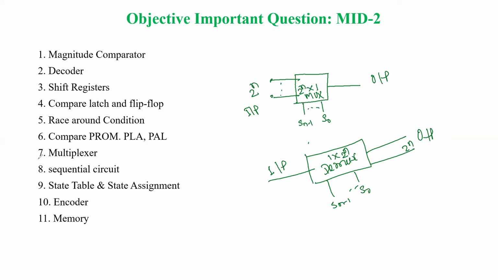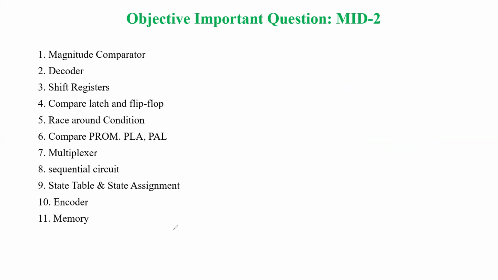Again, sometimes they will ask the difference between sequential circuit and combinational circuit, and what is the sequential circuit. In case of a sequential circuit, the important thing is that your output is going to depend upon the present input as well as the past output. To store the past output, we require memory.